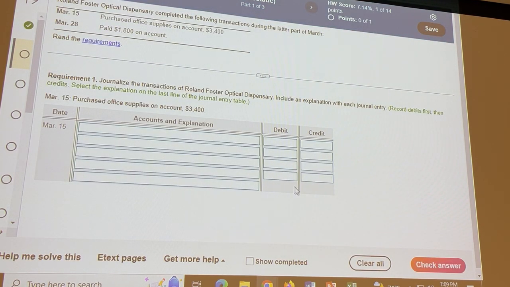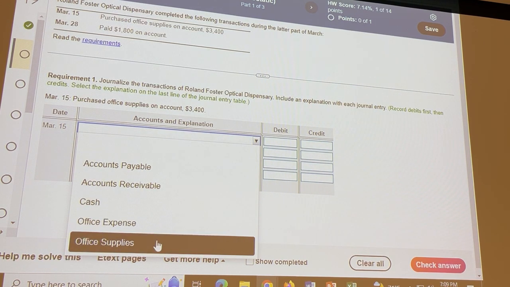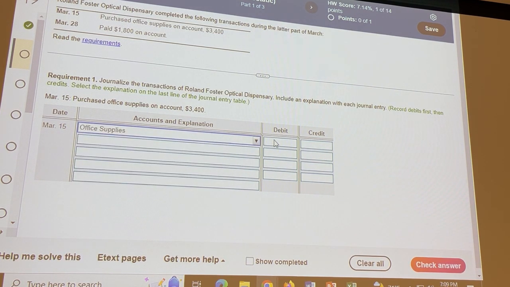Okay, next problem involves office supplies. First it says on March 15th, purchased office supplies on account, $3,400. So office supplies is an asset account, so it goes up with a debit, $3,400.